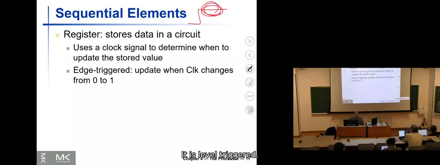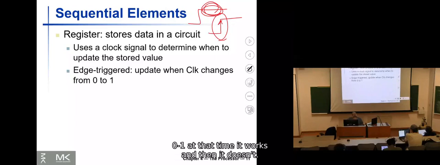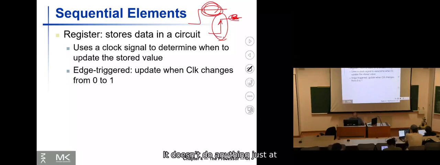As long as it is 1, it is working. But with edge triggered, it only works at the edge. When we have a transition from 0 to 1, at that time it works, and then it doesn't do anything. Just at the edge it does.